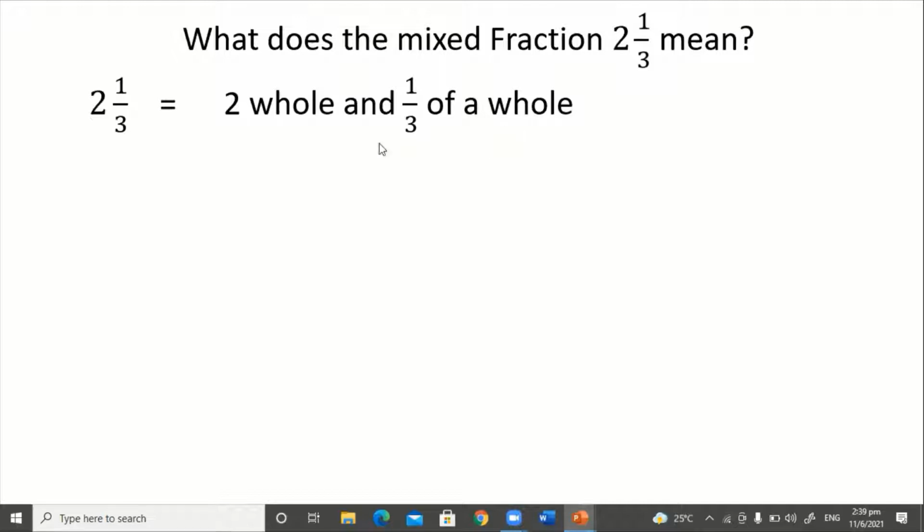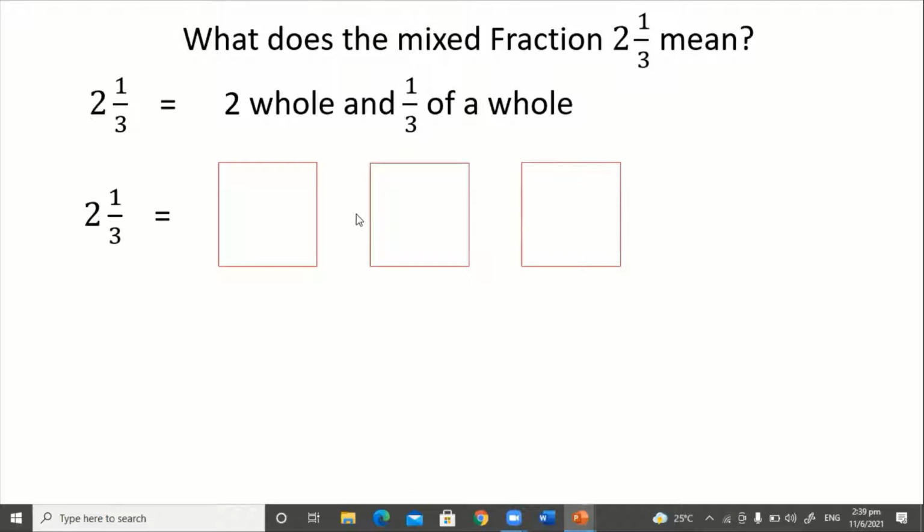Now we could look at this from a graphical perspective so that we have a graphical image of a mixed number in our mind. So here I'm going to use 3 square boxes, right? Notice that these boxes are all the same size.